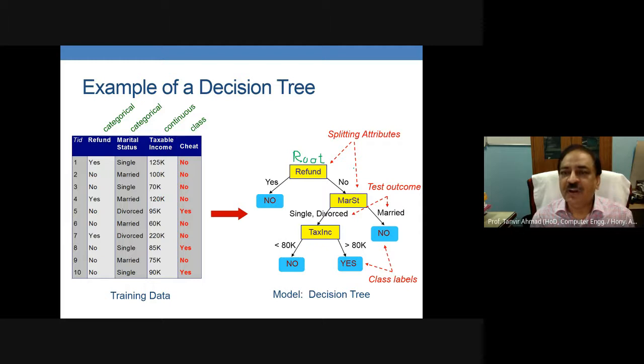Now, how to calculate the information gain? We'll discuss that in the next slides. But you have to understand that any one of them could become the root of the tree.